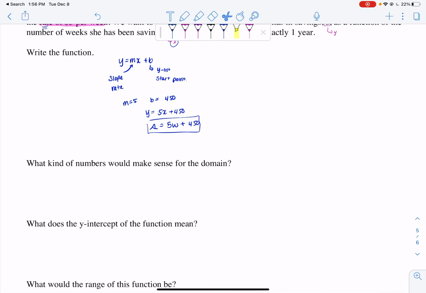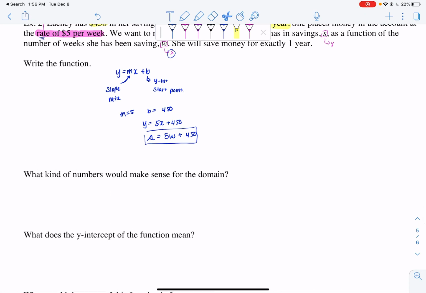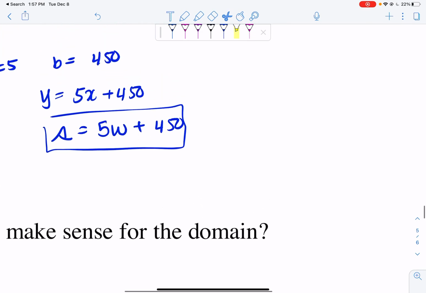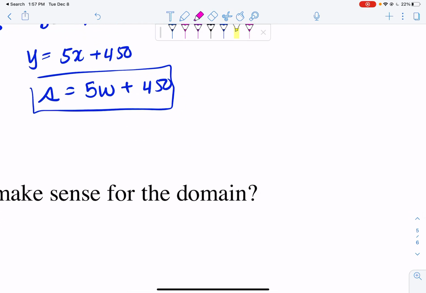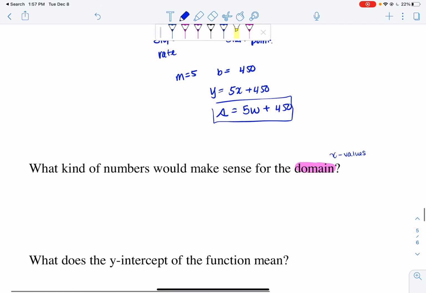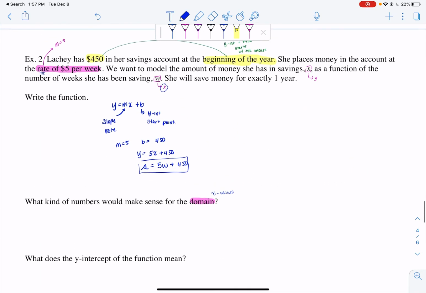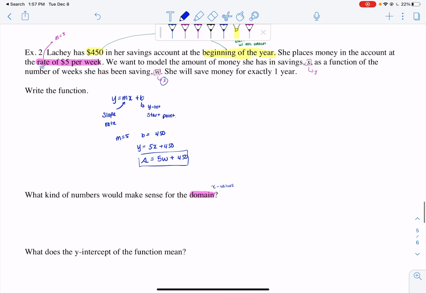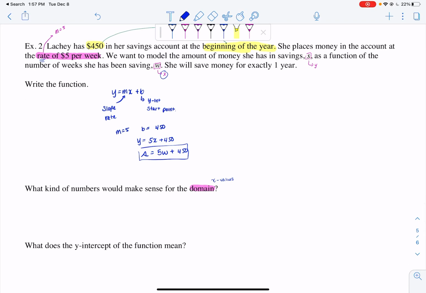Now, what kind of numbers would make sense for the domain? That's a critical thinking question. When we talk about the domain, we are talking about our x values. So what numbers can I actually plug into this function? Well, if we look back at the question, Lachey is depositing money in the account at a rate of $5 per week. She's not depositing it after a certain number of hours. She's depositing at the end of each week: 1 week, 2 weeks, 3 weeks, 4 weeks, and so forth. So we wouldn't want to use real numbers, rational numbers, or integers.